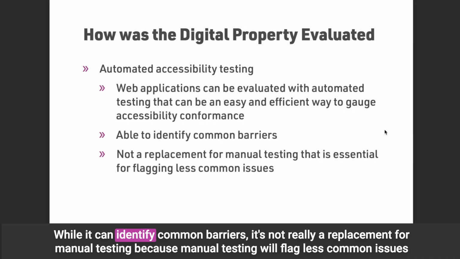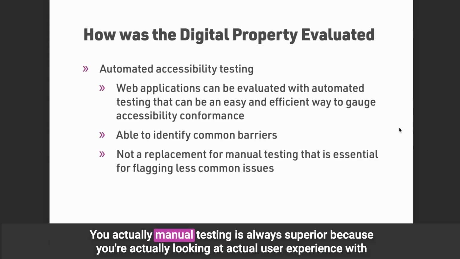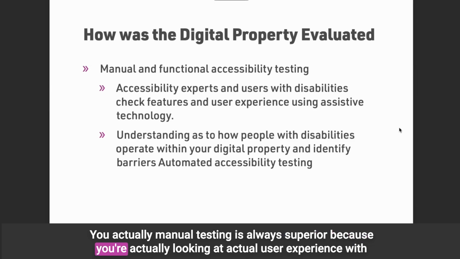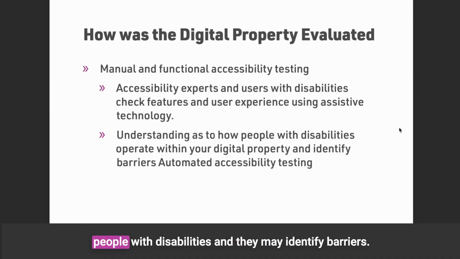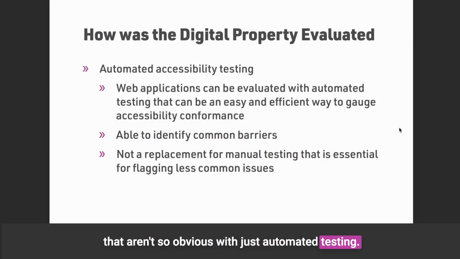While it can identify common barriers, it's not really a replacement for manual testing, because manual testing will flag less common issues that may not be picked up when you're looking at just the code. Manual testing is always superior because you're looking at actual user experience with people with disabilities, and they may identify barriers that aren't so obvious with just automated testing.